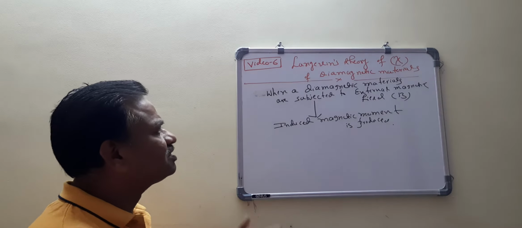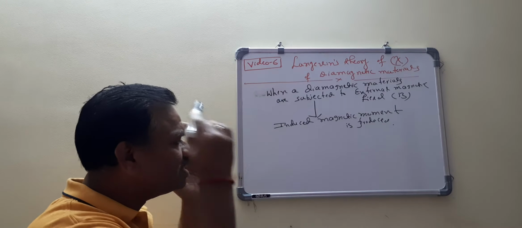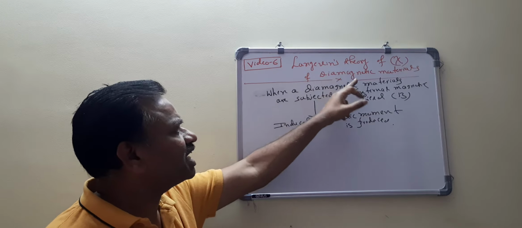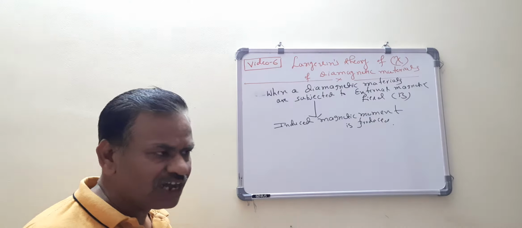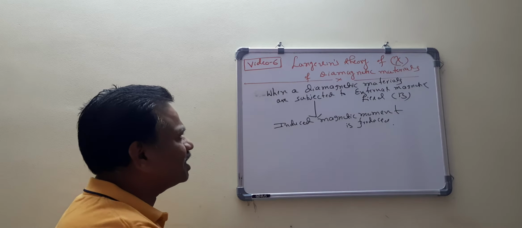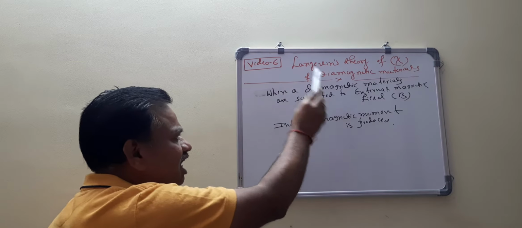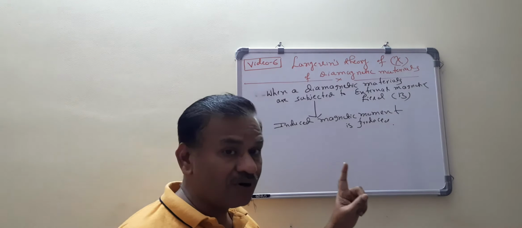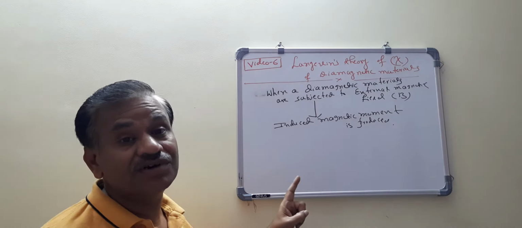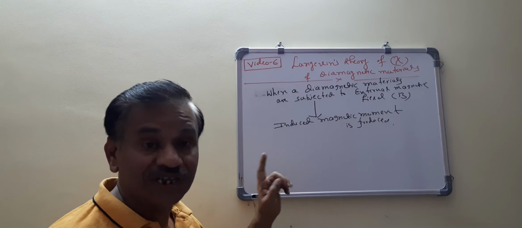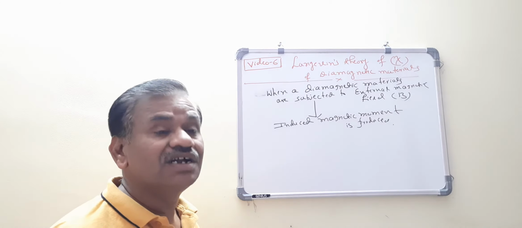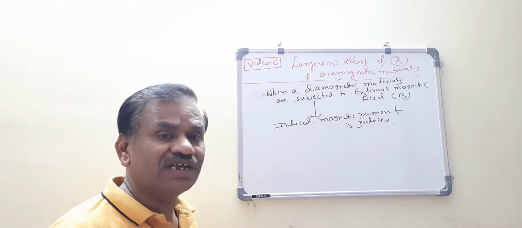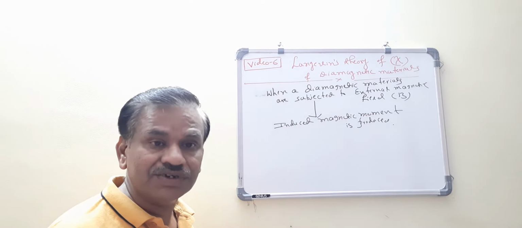Now I will start the derivation for the Langevin's theory of susceptibility calculation for diamagnetic material. At least you write something, you should know that. The diamagnetic material is exhibited only by elements having even atomic number, Z even, where in the absence of an external magnetic field the net magnetic moment is zero.